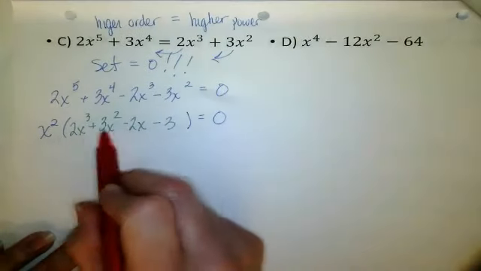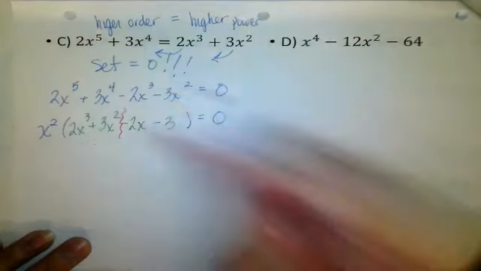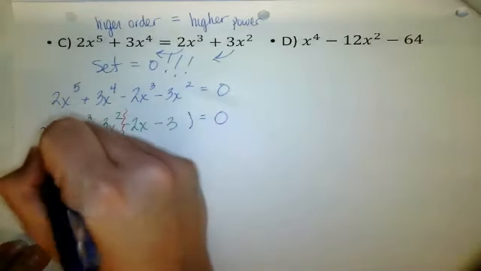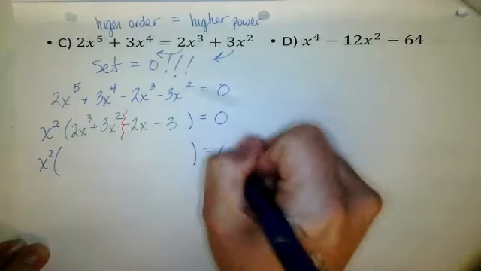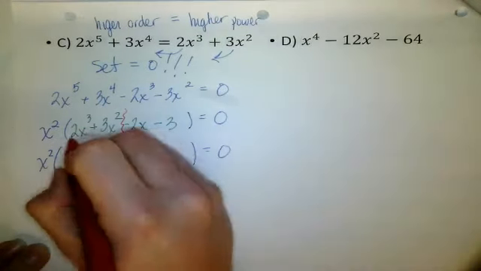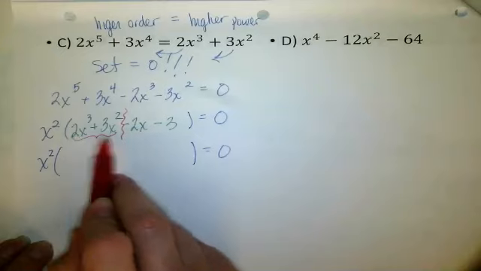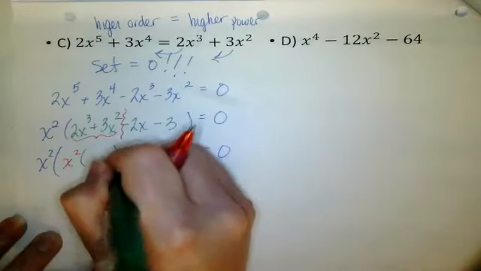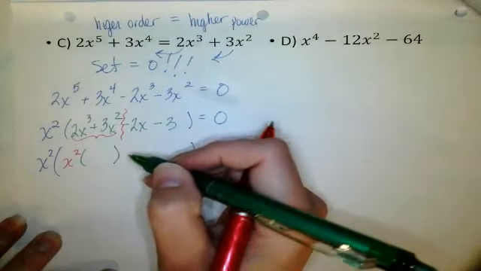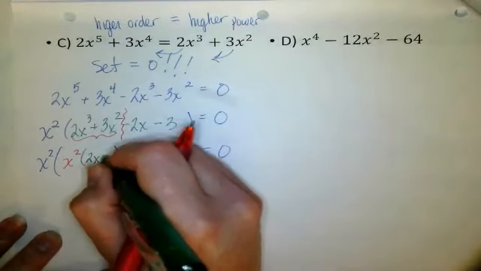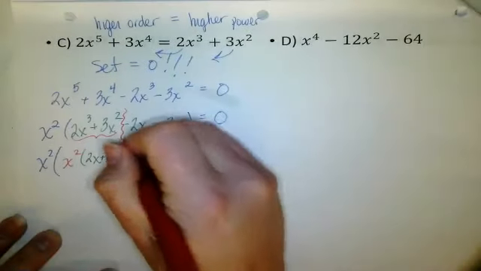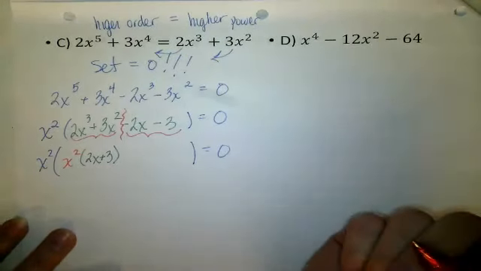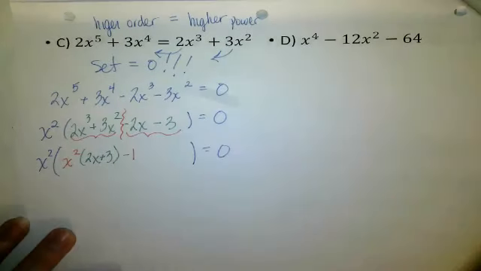Okay. So now we do have the 4 terms, so we can factor by grouping again. And so I'm going to leave this x squared hanging out in front. And I'm going to look at the GCF of my first 2 terms here, which is x squared. And then what's left behind? 2x plus 3. Very good. And I'm going to look at the last 2 terms here. What's the GCF of those last 2 terms? Negative 1. Very good.